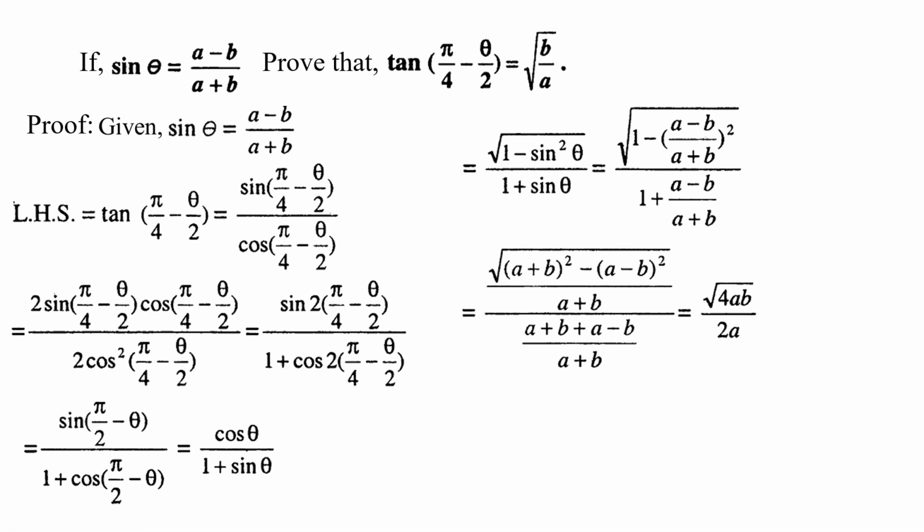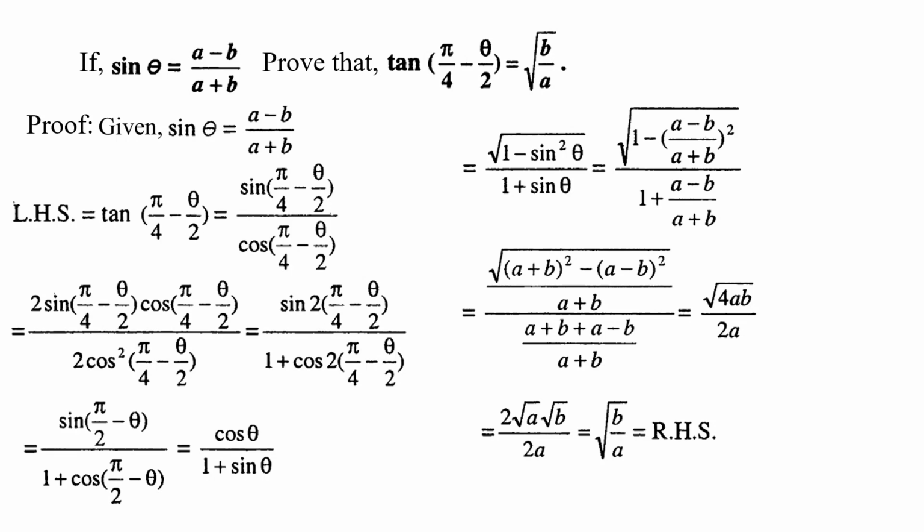Now after calculation, you can write it as root over 4ab by 2a, and finally we get root over b by a, and it is our required right hand side.